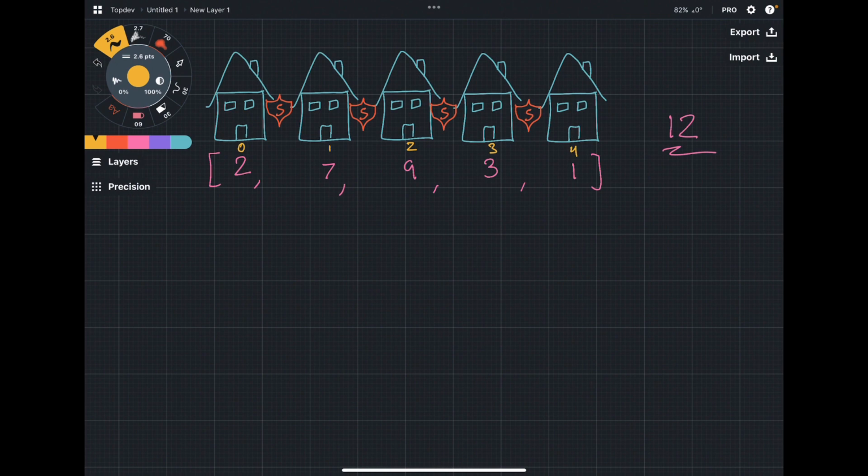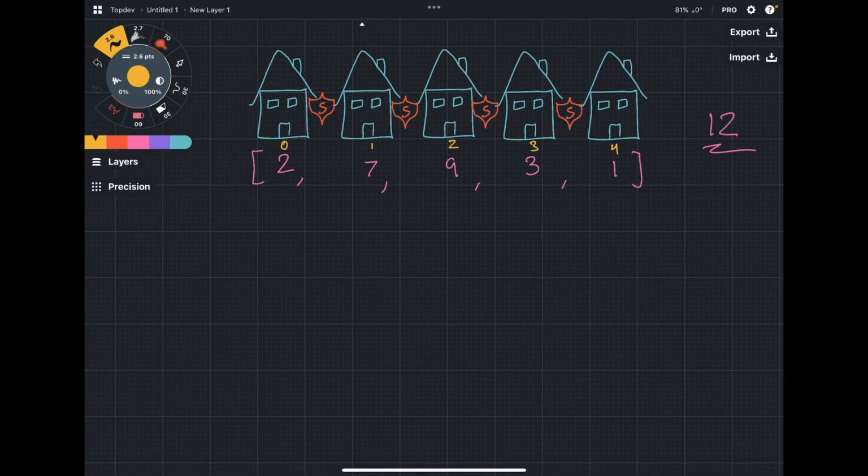Let's say we have a robber over here, and he's a bad man, and he's going to go to house number 0. He says, look, if I rob house 0, because this is our 0 index right here, that's going to give me $2 of profit. That sounds awesome.